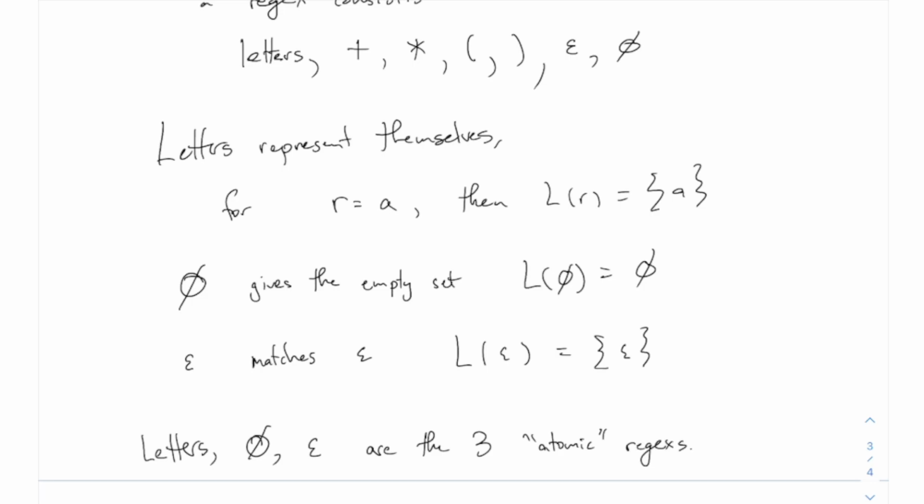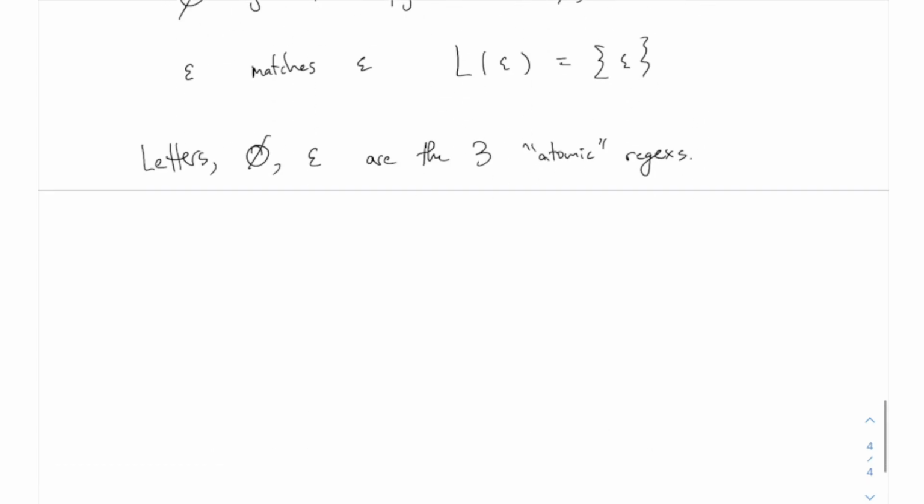Every other regular expression is created by using the operations: the plus, the star, and the parentheses. But the very basic building blocks are the individual letters, the empty string, and also the empty set, which, like I said, we almost never use, but you have to include it for theoretical reasons. Those are the atomic regular expressions. They're only really interesting when you start combining them with the operations.